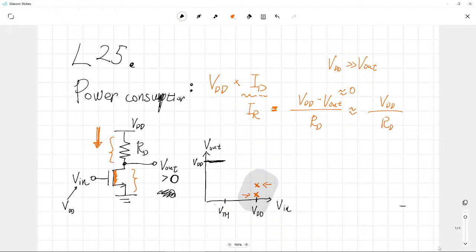So now let's think about the power dissipated by this current. Then you know that the approximated power dissipated by our voltage source VDD can be given by VDD squared divided by RD. So are you with me? If you have any question about this procedure, then please let me know.